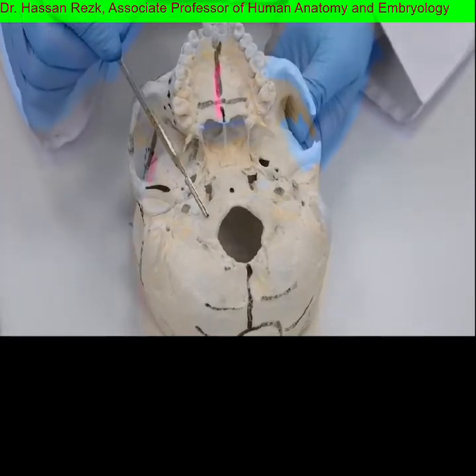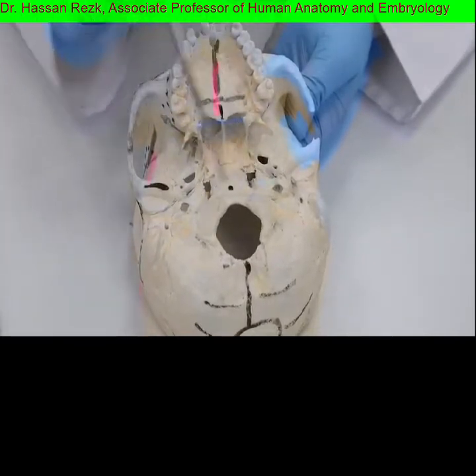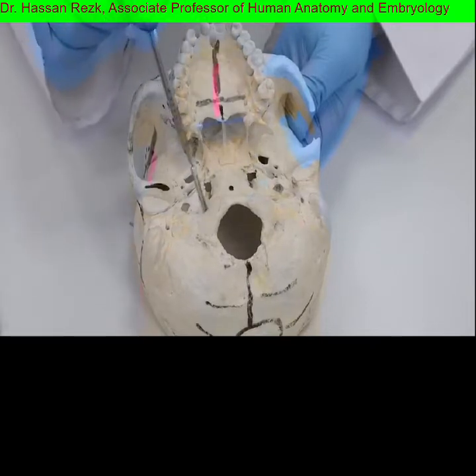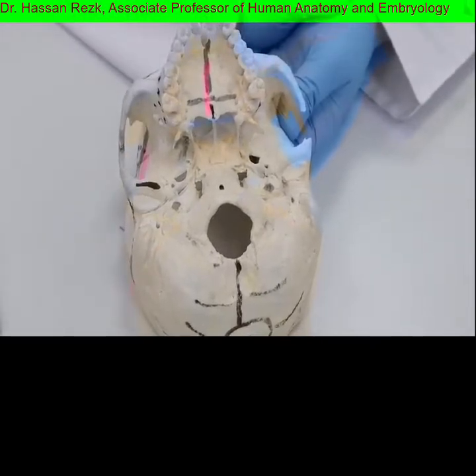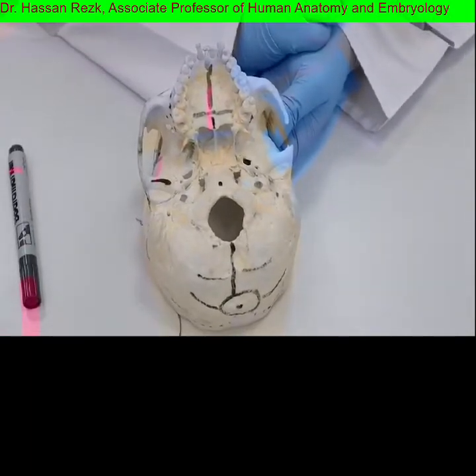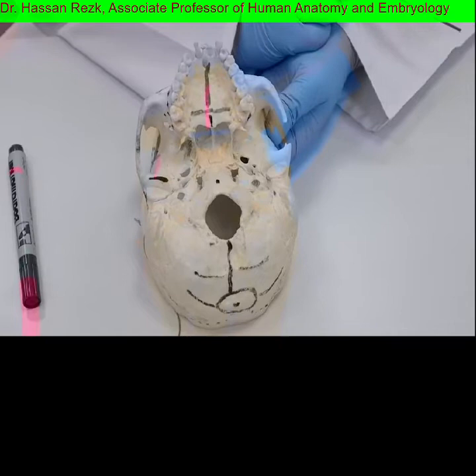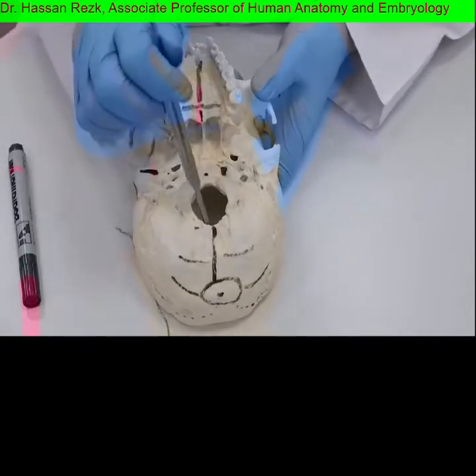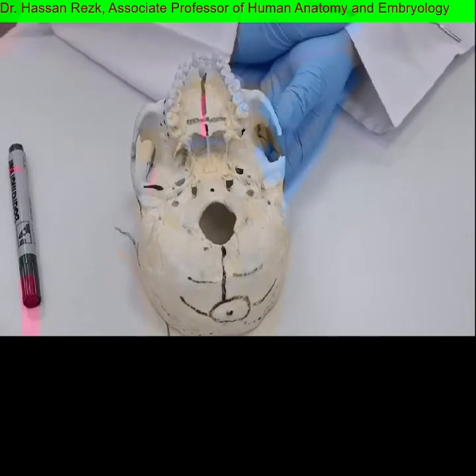And these are the two occipital condyles. The two occipital condyles will articulate with the first cervical vertebra to form the atlanto-occipital joint. And this opening is the foramen magnum.